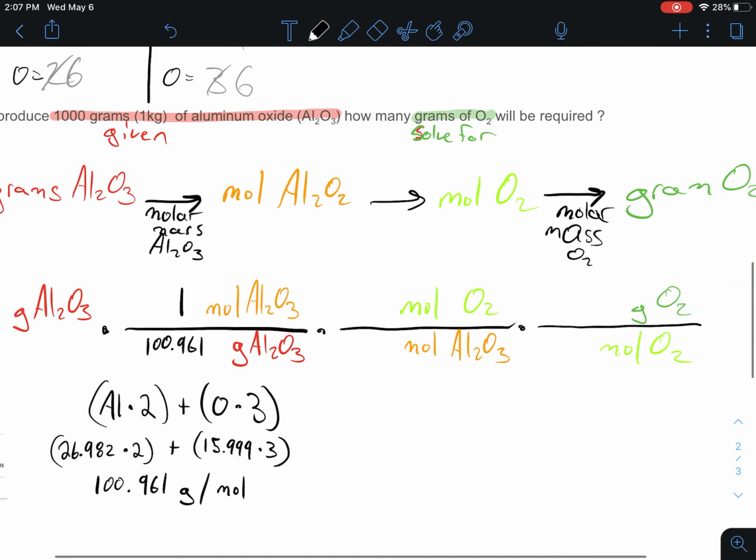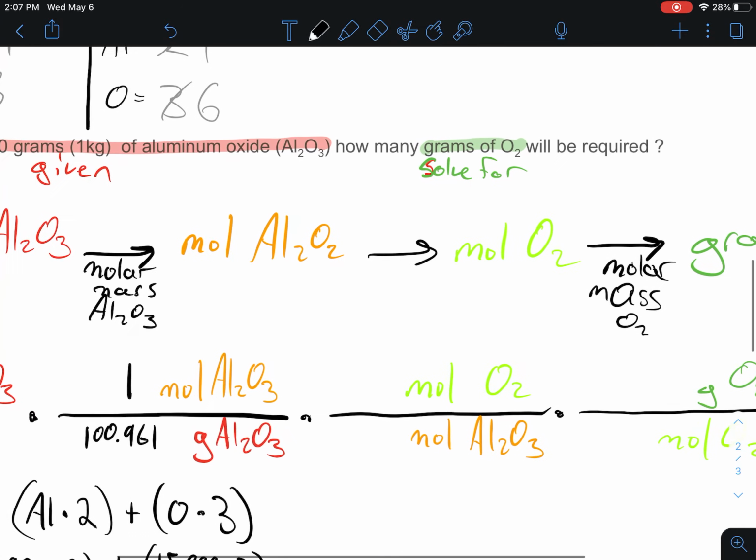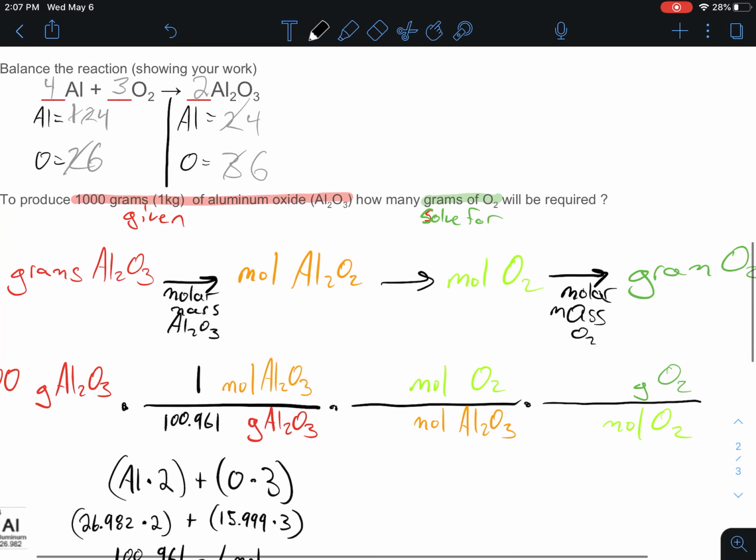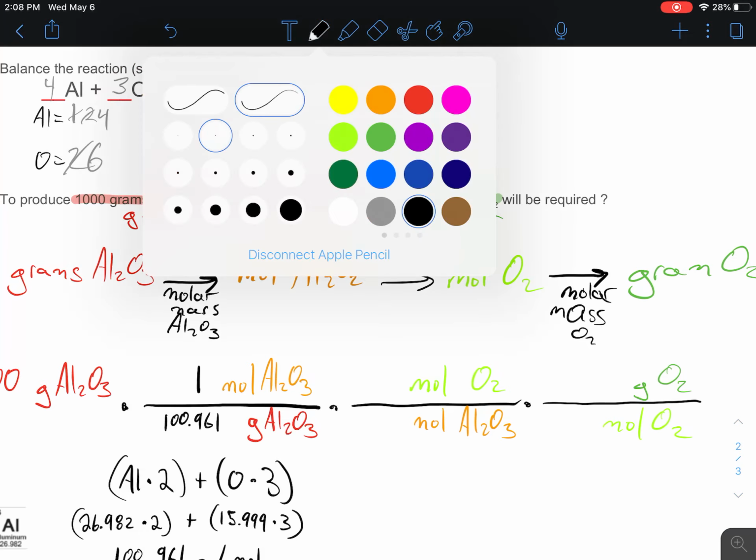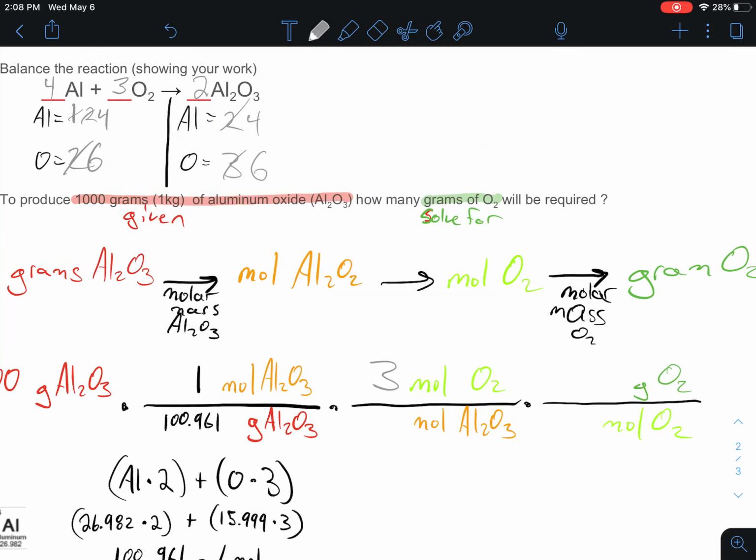All right, pause for a moment. Bring down the coefficients from a balanced chemical equation into the appropriate location in this conversion factor. All right, on the top is O2. I have a 3 O2 in my balanced chemical equation, so I want a 3 there.